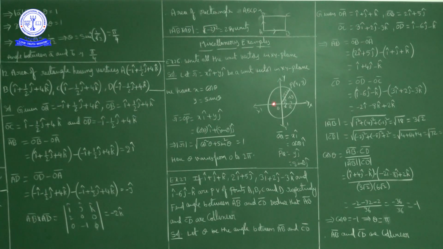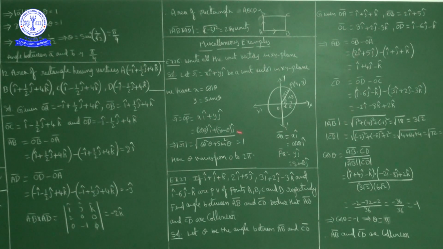Now in the triangle OPQ, what can we write by triangle law of vector addition? OQ bar plus PQ bar is equal to OP bar. So let r bar, OP bar, be equal to OQ bar, which is x i cap, plus PQ bar, which is y j cap.